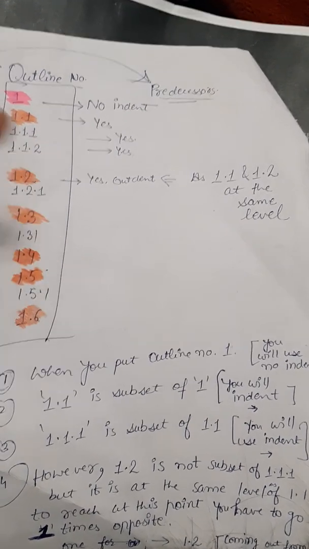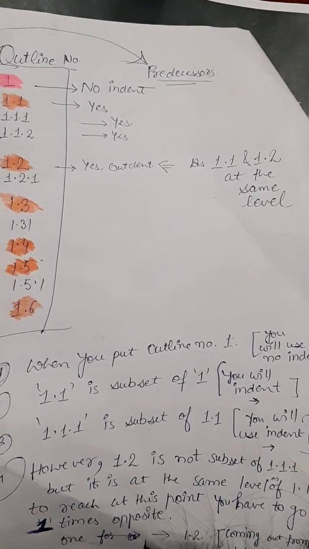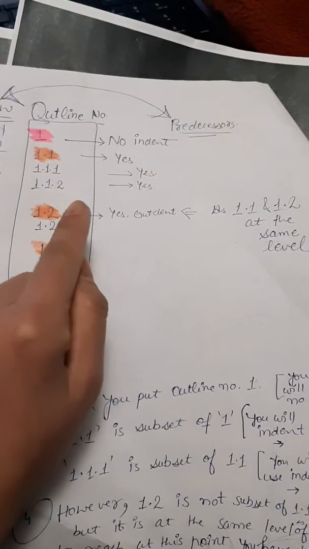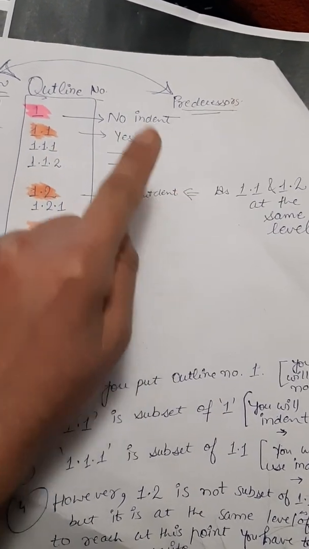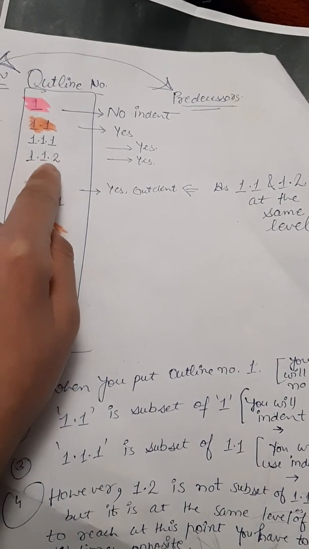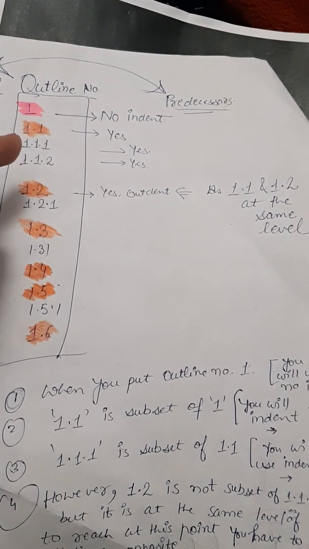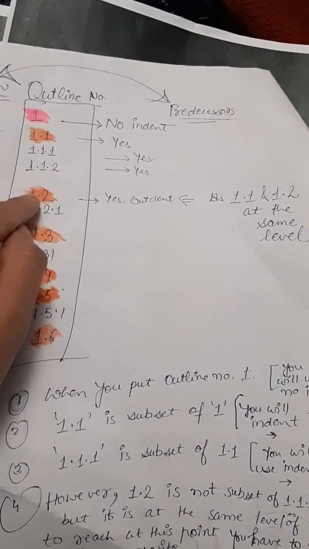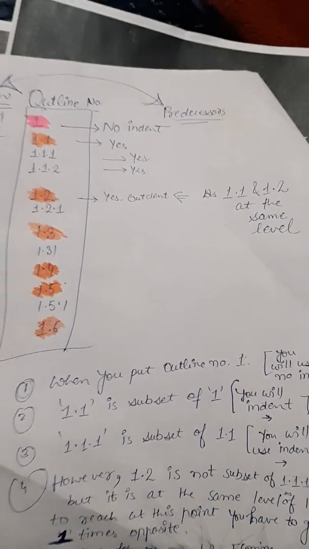You don't need to use the indent again. Generally it comes like this. You will see whether they are at the same level or not. But for this you need to use outdent to get out of this indent, right? 1.1.2, right? In this way 1.1 becomes at the same level as 1.2, and you will follow the similar way.